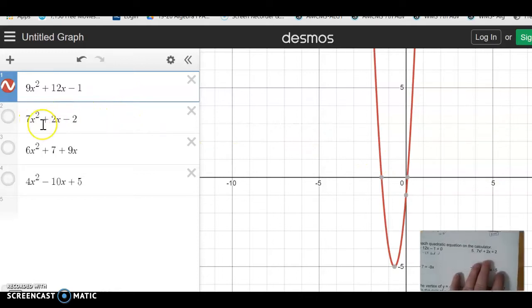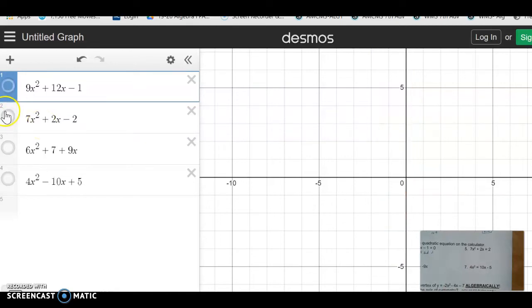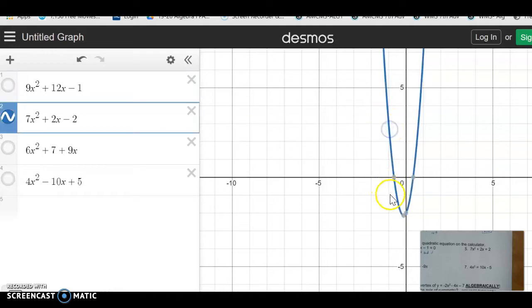The next one is 7x squared plus 2x equals 2. Remember that you have to set it equal to 0. Click on the graph. Again, you can do the research for your own specific calculator. The y-intercept comes up, the vertex comes up, and both solutions.